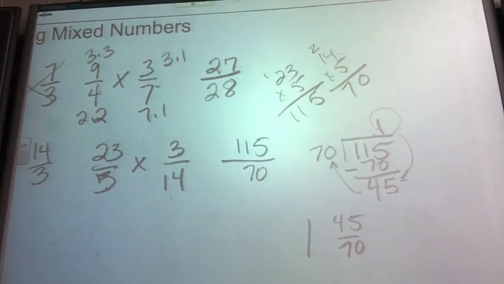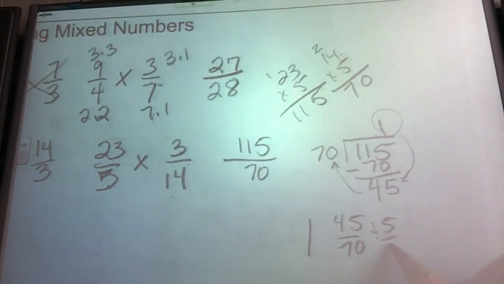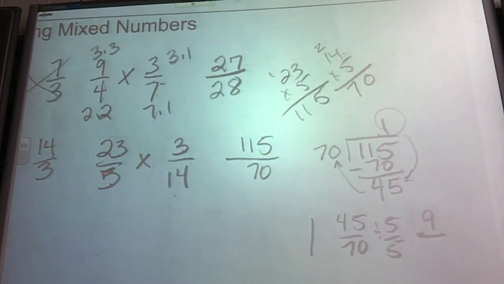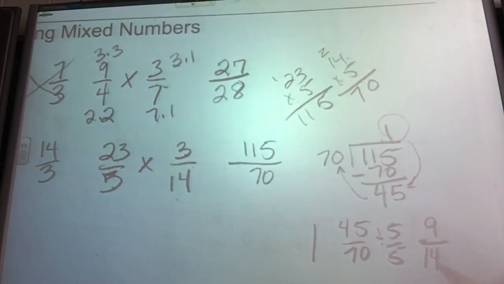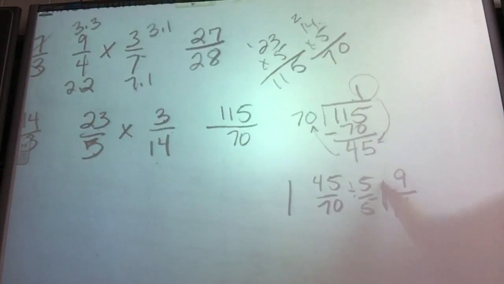So, let's see. 5, 10, 15, 20, 25, 30, 35, 40, 45, 50, 55, 60, 65, 70. 9/14. So your final answer is 1 and 9/14.